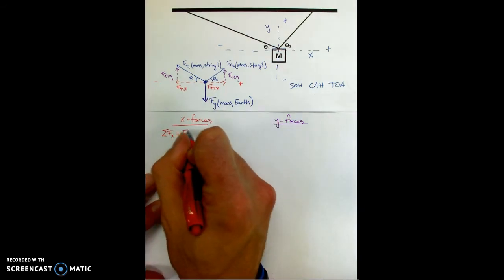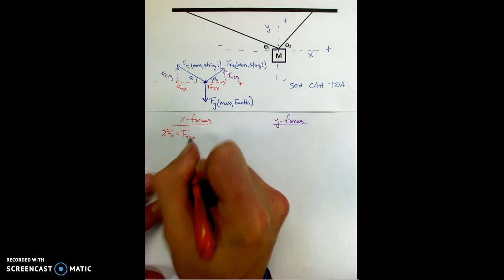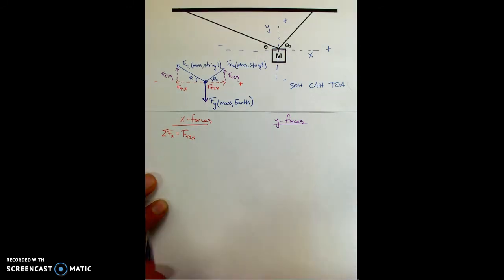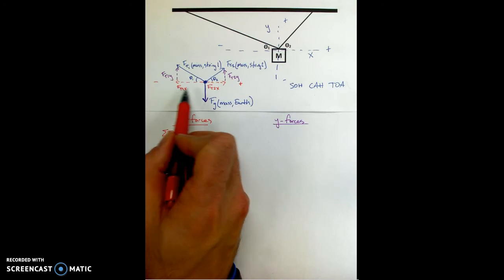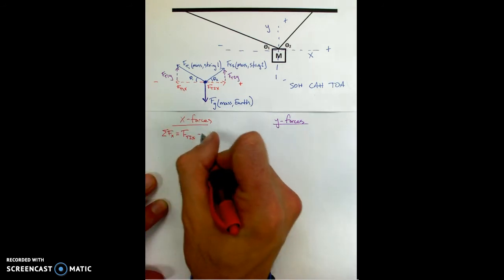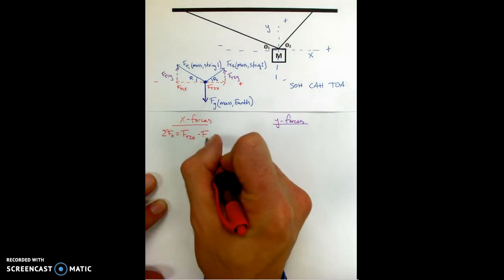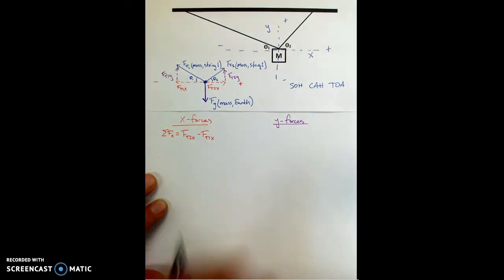So I'm going to say Ft2x, and I'm going to keep that positive. And Ft1x is going to the left, which we set as negative. So I'm going to say minus Ft1x.